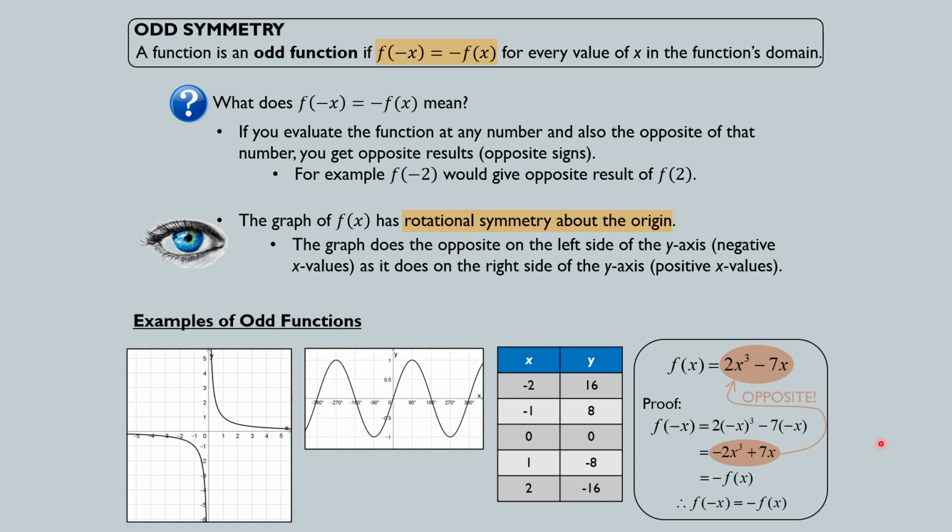And that is symmetry. Now, it's quite possible that you have a function that has no symmetry at all, in which case, if you substitute negative x into your function, you'll get a result that is neither the same as f at x, so it's not even, and it's also not the opposite of f at x, so it's not odd. And a really good example of that is, well, let's do an example here.